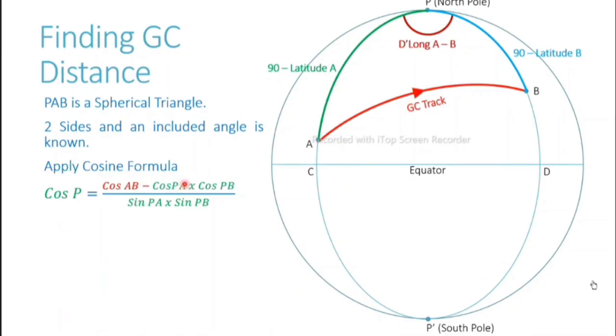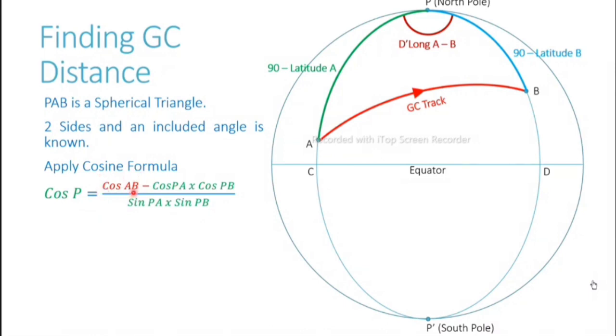PA is known to us. We have just seen PA is the colat of our position A. PB is known to us. It is the colat of position B. Again, in the numerator, PA and PB are both known to us. So all these are marked in green, indicating that all these values are known to us. The only unknown in this equation is side AB.